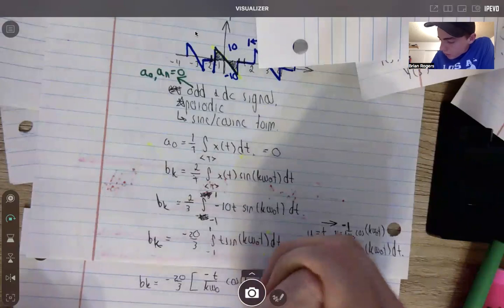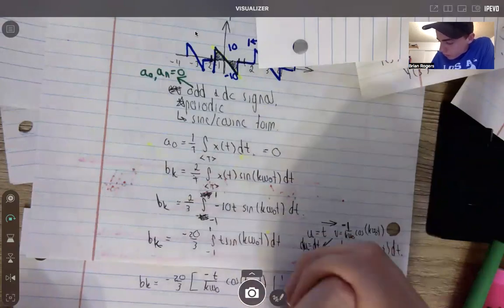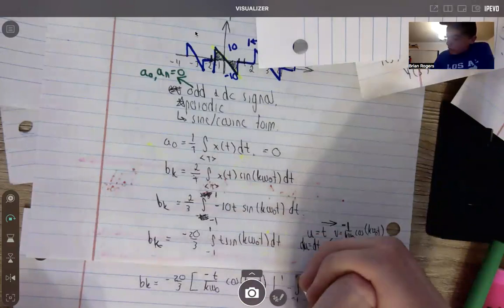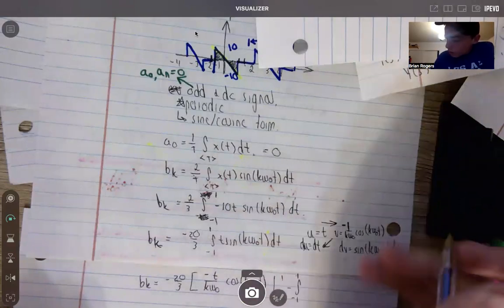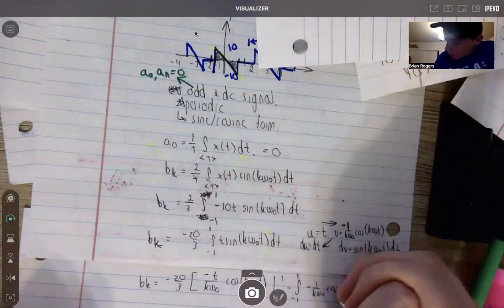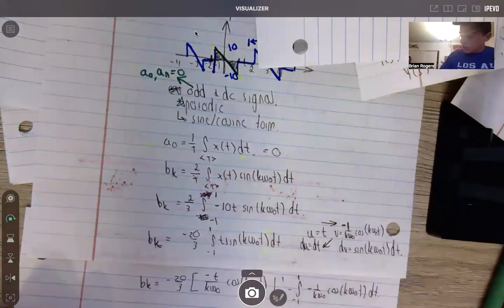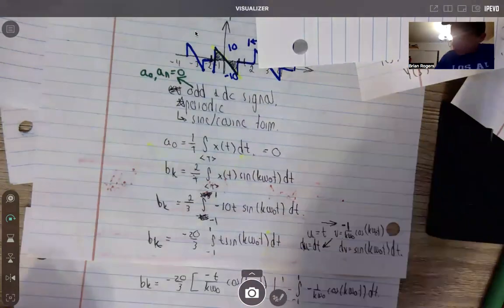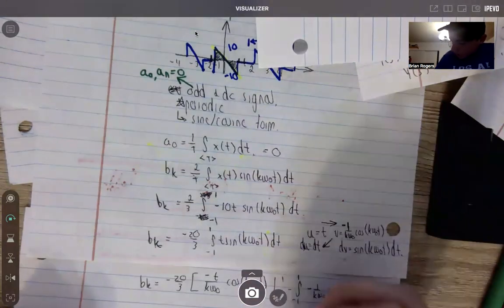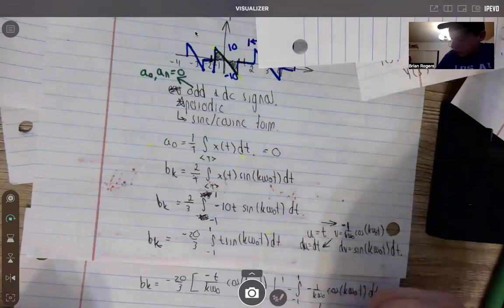and then that'd be evaluated from negative 1 to 1, minus the integral from negative 1 to 1 of negative 1 over k omega naught cosine k omega naught t dt. Here, you're going to see that negative 1 over k omega naught comes in the front, with the integral from negative 1 to 1 of cosine of k omega naught t dt.